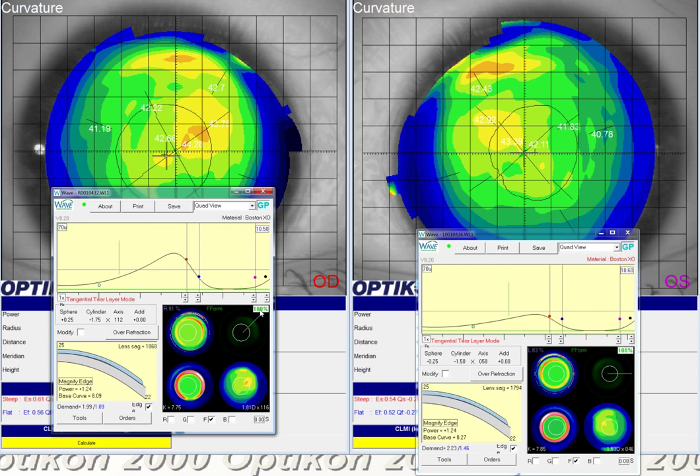So I'm going to go up to here, 50% mode, and reduce this by 0.6 millimeters.